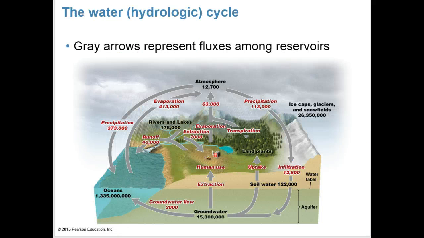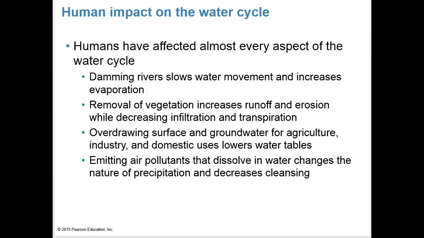Here's another chart to help us see the water cycle. Humans can have an impact on the water cycle, like damming rivers, slowing water movement, and then increasing evaporation. By the removal of vegetation, that increases runoff and erosion, and then that decreases infiltration and transpiration.